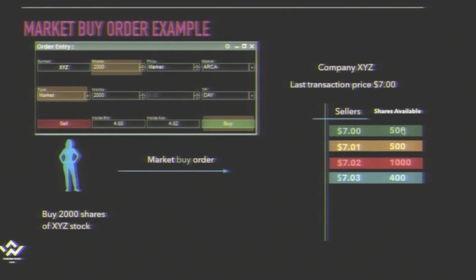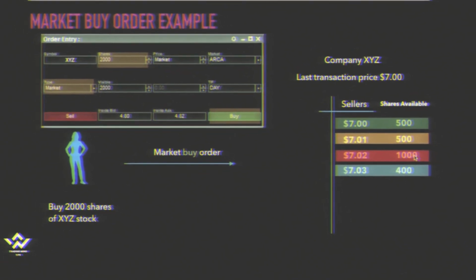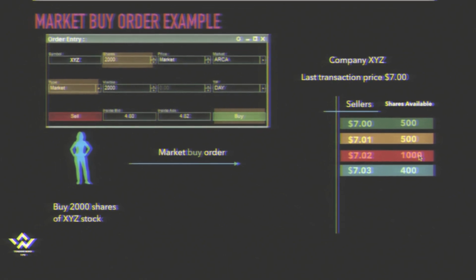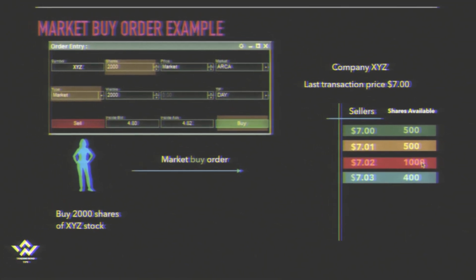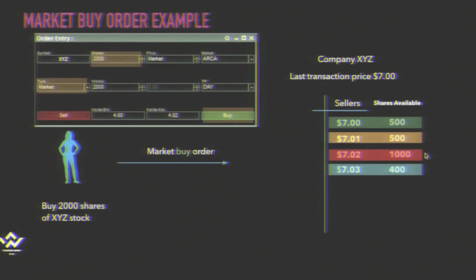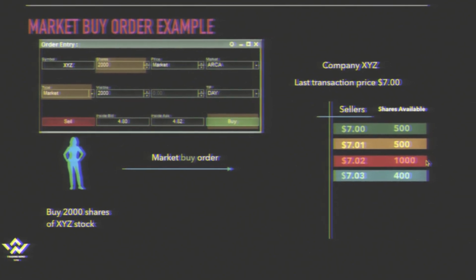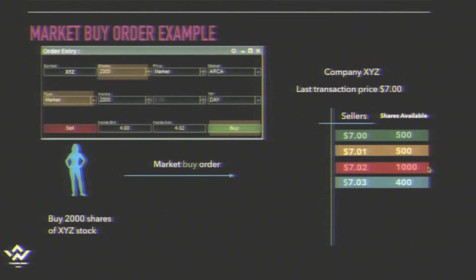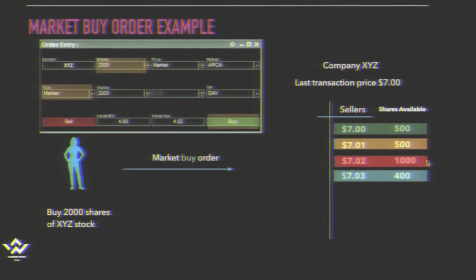But the rest of the shares may get filled at $7.01 or $7.02 because those are the next best prices that the shares are ready to be sold at. Your order will keep buying up all the shares available at each price level until all 2,000 shares are filled, causing you to have an average price, which may be over the $7 price that you were hoping for.